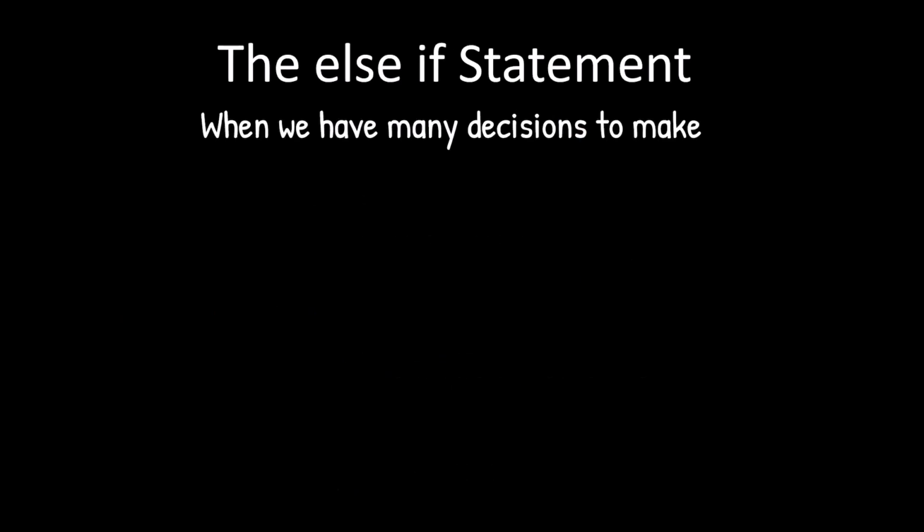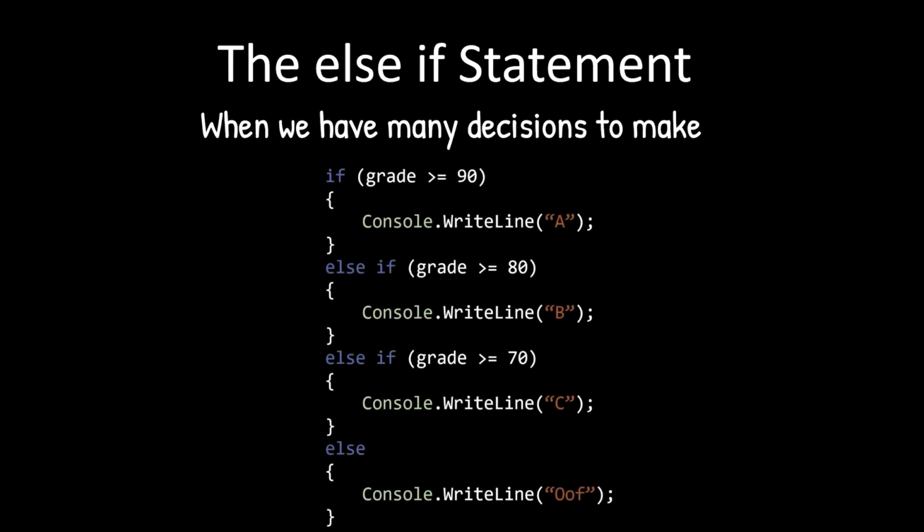But then sometimes we need to handle more than two true scenarios. And for this, we have the else if statement. Let's bring up some sample code for this example. As we can see here, we're printing out a letter version for a grade.